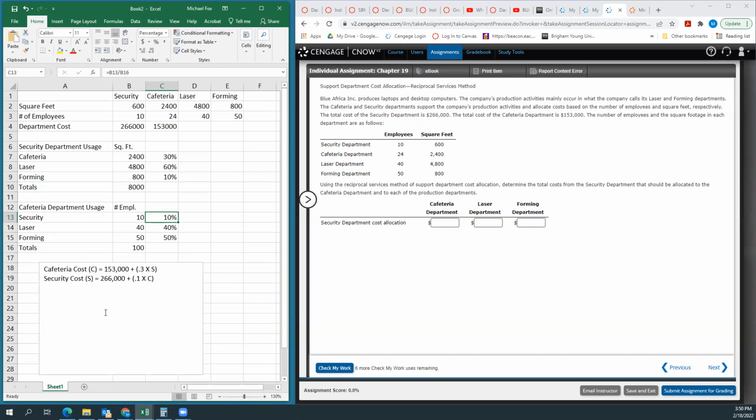It would look at cafeteria costs to figure out security costs, and then look at security costs to figure out cafeteria costs, which creates what's called a circular reference. So we've got to use some algebra to get one of these variables out, so we're only dealing with one variable.